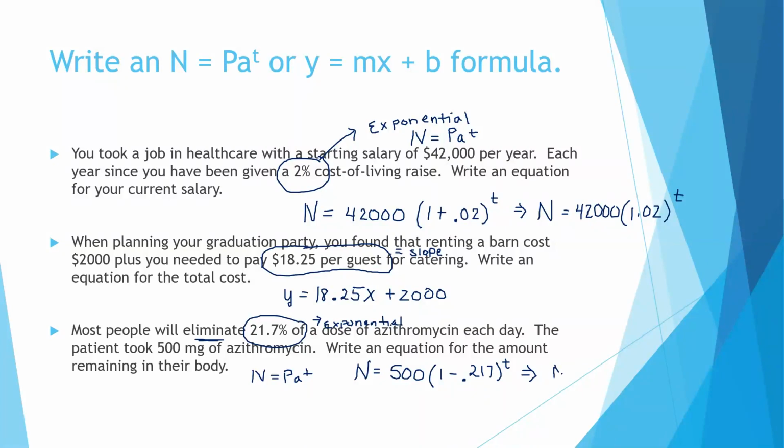So n equals 500 times, doing the math in the parentheses gives me 0.783 to the t power. And so the percentage ones fit into the NPAT formula. I am using the idea of 1 plus r within that NPAT formula, and then I do have to do the math in those parentheses to get the true value of A, the growth or decay factor.